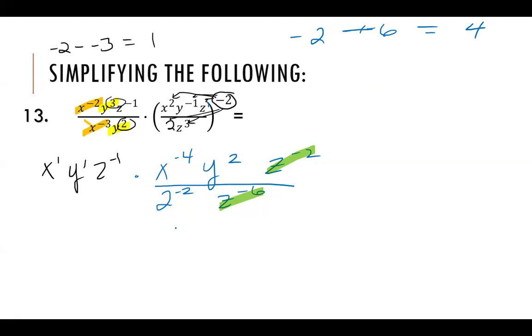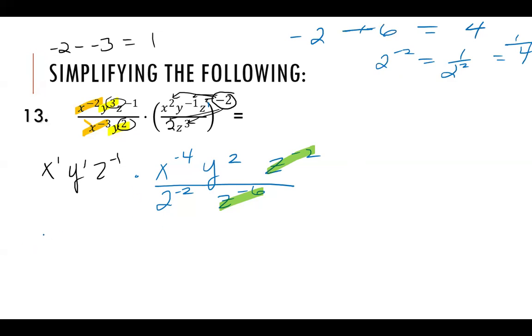Next thing I'm going to simplify, I'm going to do my 2 to the -2. 2 to the -2 does not mean -4. 2 to the -2 means that this is 1 over 2 squared, which equals 1 over 4. But it's in the denominator. So it's going to end up moving to the top.